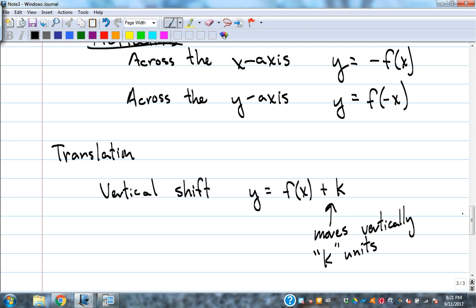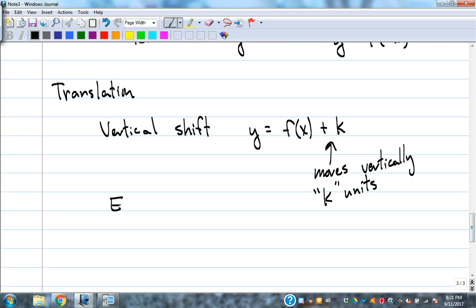Example of that: f of x equals absolute value of x plus 5. That part says it moves up 5 units.